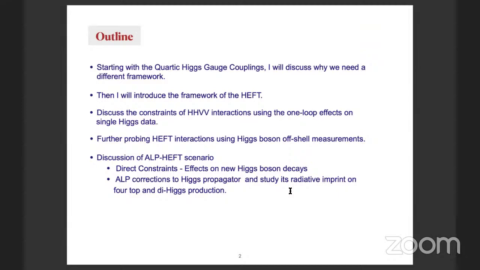Further, to put constraints on higher dimensional operators in HEFT, I will use off-shell measurements. In the final part, I will discuss a BSM HEFT scenario with the interactions of the BSM particle, the ALP, with the Higgs.